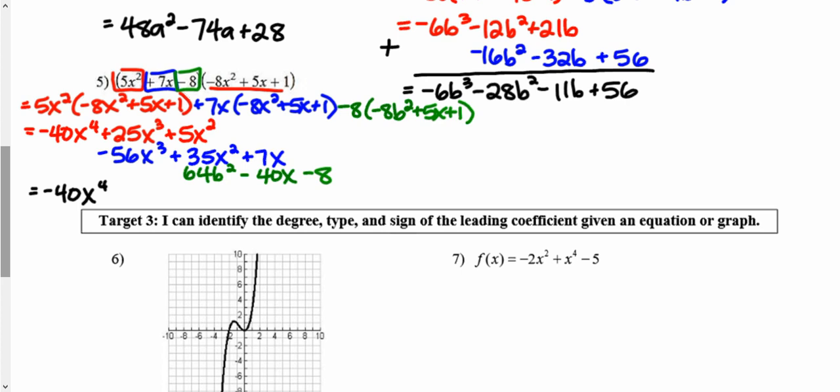And then that would be negative 31x to the third. And then that would be 104, I believe, x squared, negative 33x, minus 8.